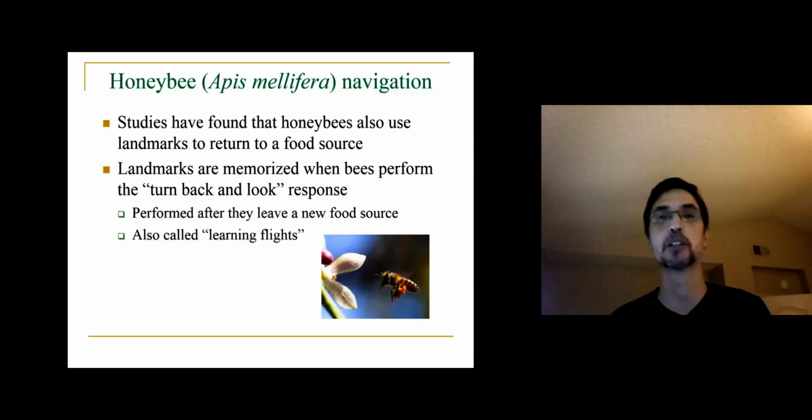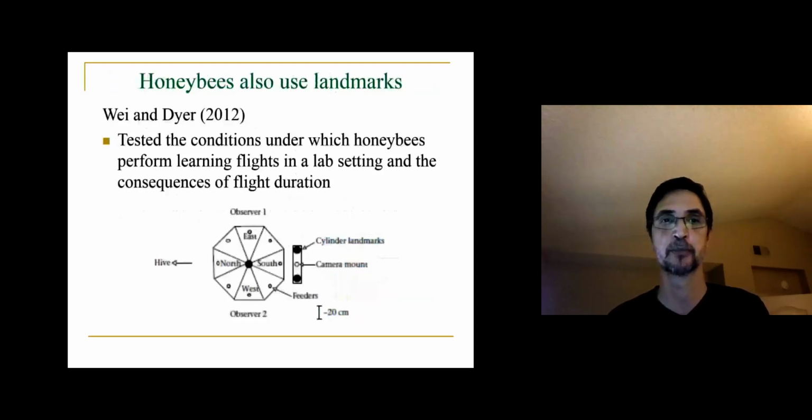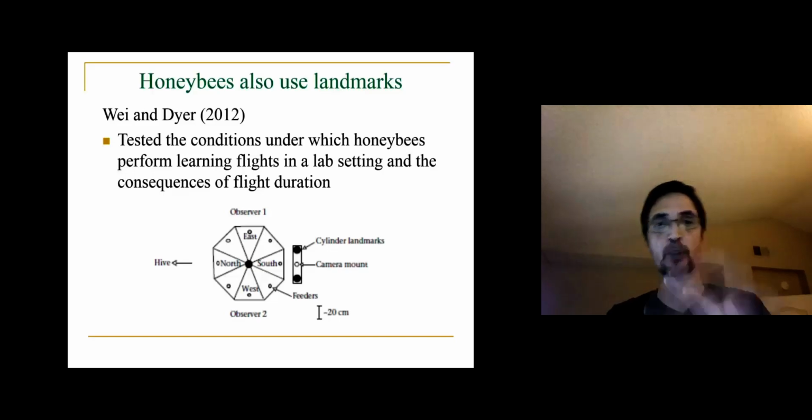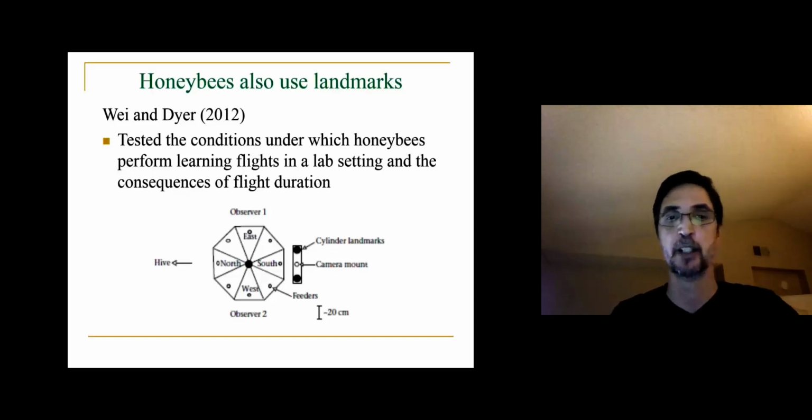And these are also called learning flights. So Way and Dyer did a study looking at landmark use in honeybees, and they tested the conditions under which honeybees performed the learning flights, and they did so in a lab setting, and they also looked at the consequences of those flight durations. So we can kind of see a schematic here of what their lab setup looked like.